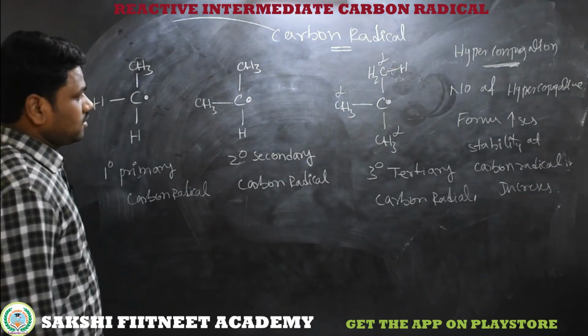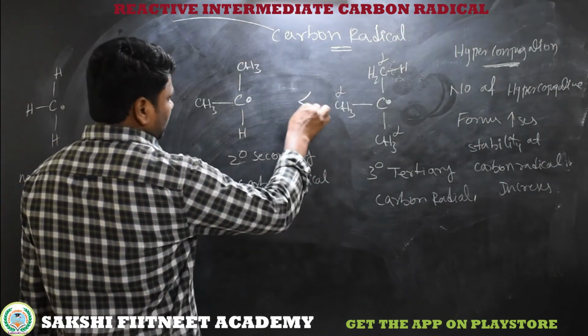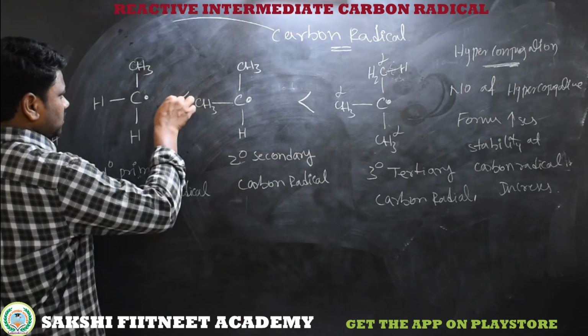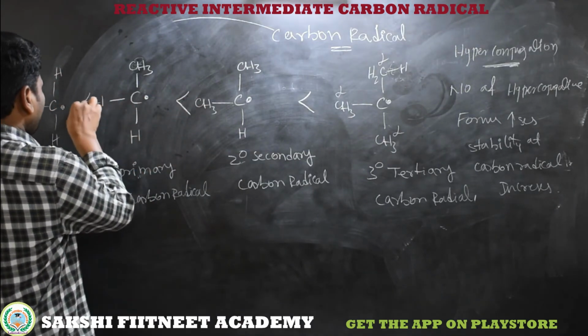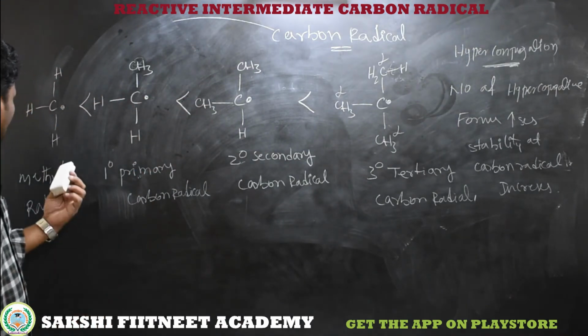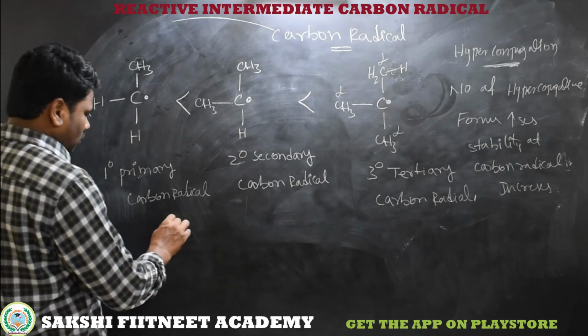So based on that, tertiary is more stable than secondary, which is more stable than primary, which is more stable than the simple methyl radical. So what is the stability order?